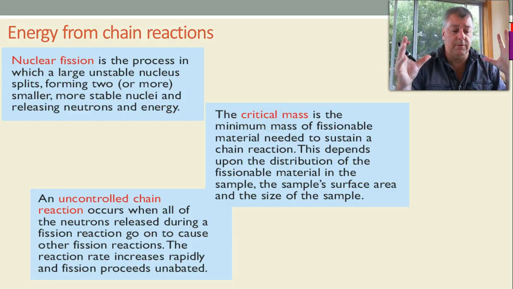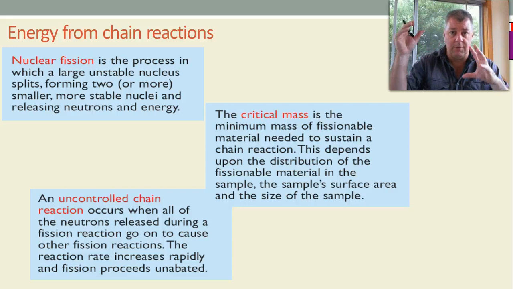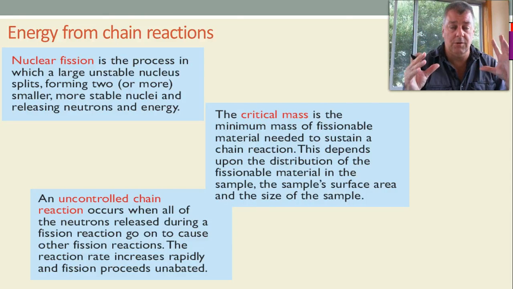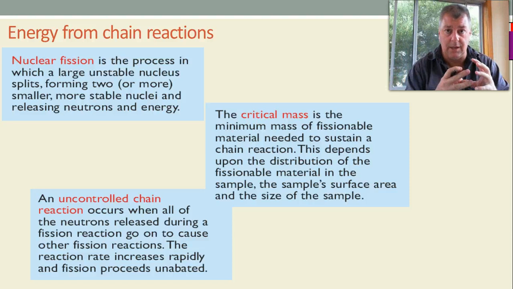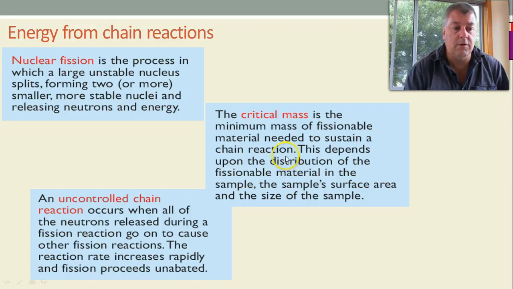You can have a lot of uranium-238, but if it's not in pure form and there's all these other atoms around, you won't get a chain reaction. You've got to refine it, make it pure, and then make it fairly dense as well, to increase the likelihood of those neutrons hitting other nucleuses. And that's what happens when you refine uranium ore into fuel rods to be used in nuclear reactors, or when you refine uranium or plutonium to make a bomb.